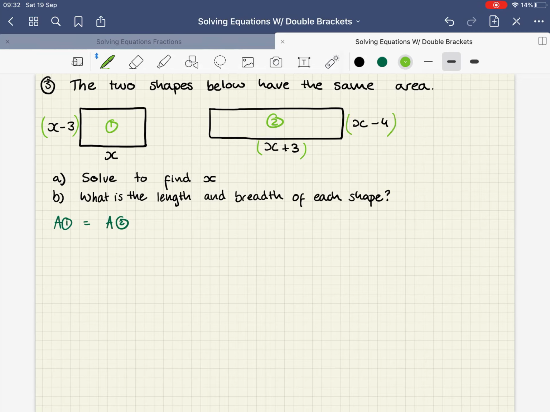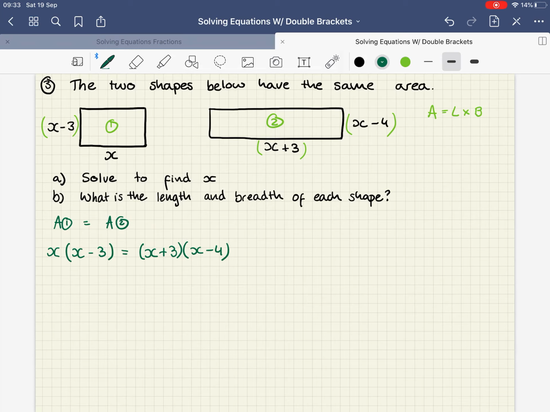The main thing to always remember is that area equals length times breadth. So I want to multiply the sides together. So for my area for 1, it's going to be x times x minus 3. My area for 2 is going to be x plus 3 times x minus 4.